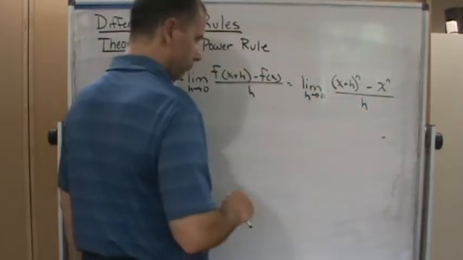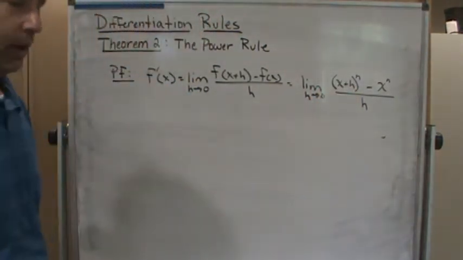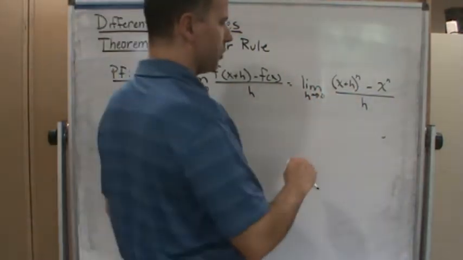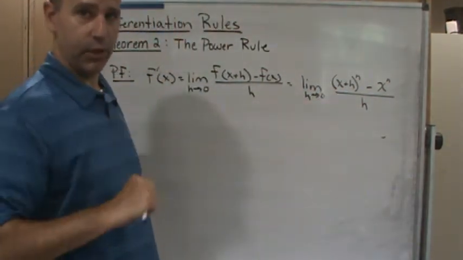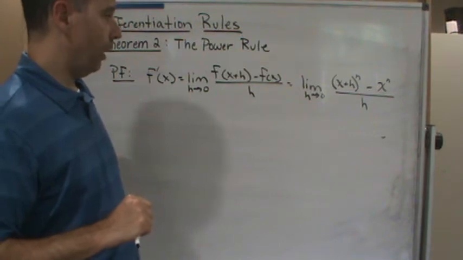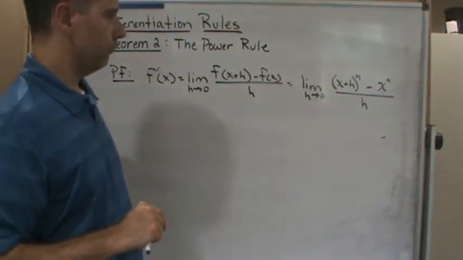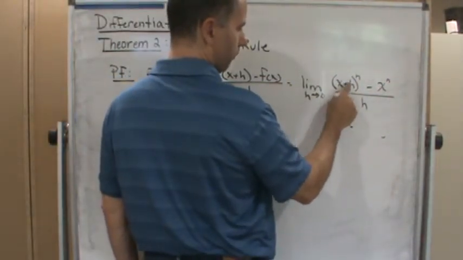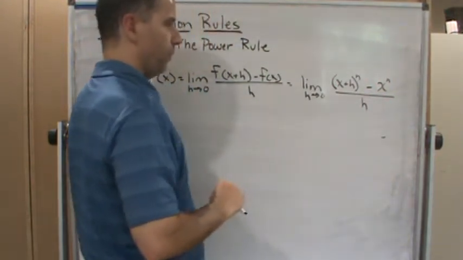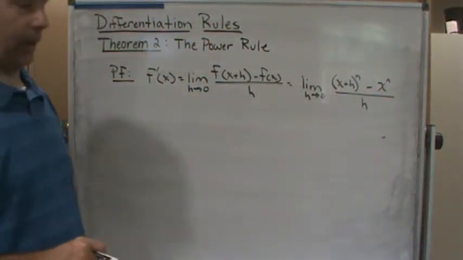Now, this, we're going to use the binomial expansion. The binomial expansion includes the coefficients, which is going to be a combination of how many different ways we could choose r, okay, as you'll see.